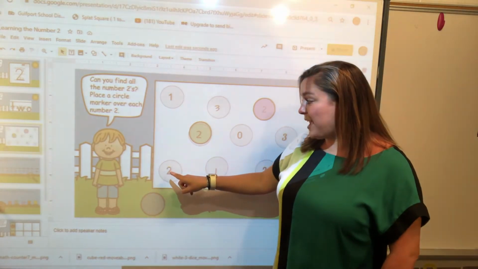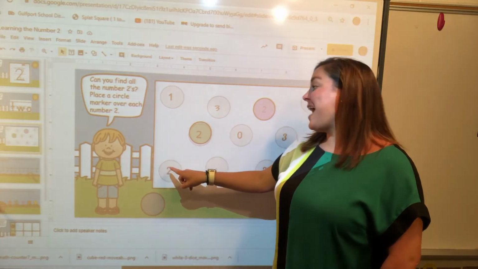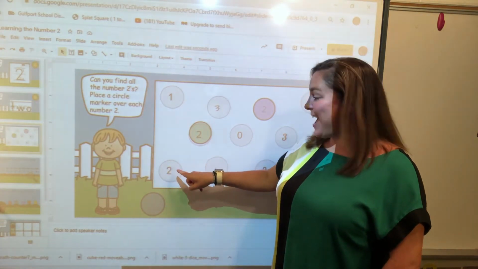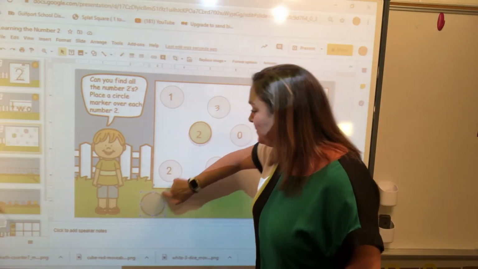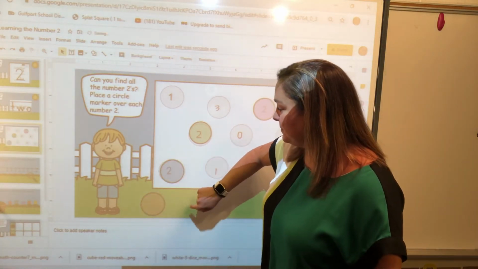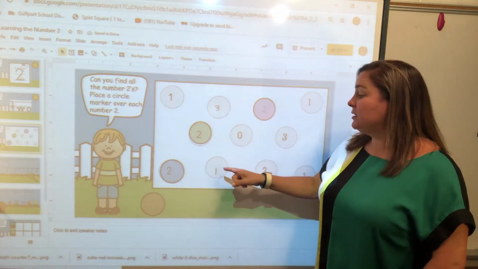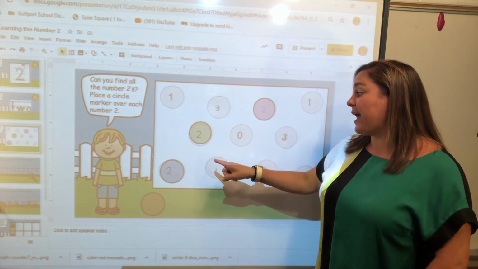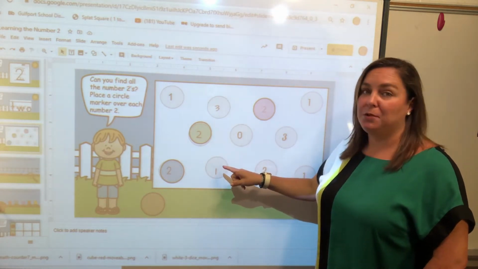How about our next one? I see it curves around and slides to the right. Yes, this is in fact a number 2. How about this number? I see that it just goes straight down. That's a number 1. We don't need a marker for it.